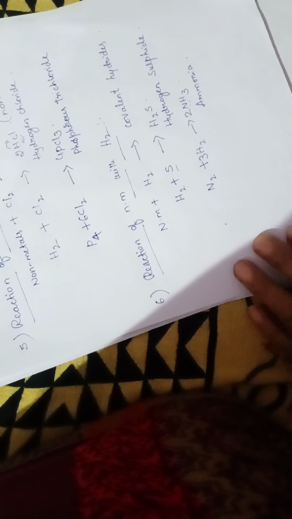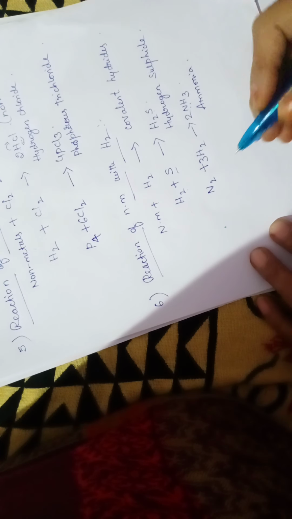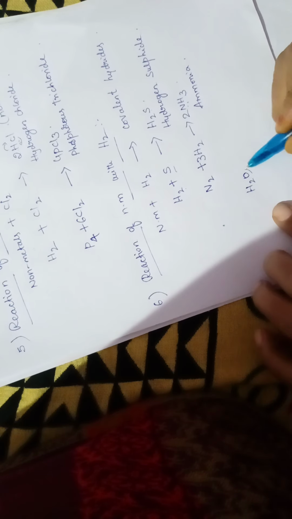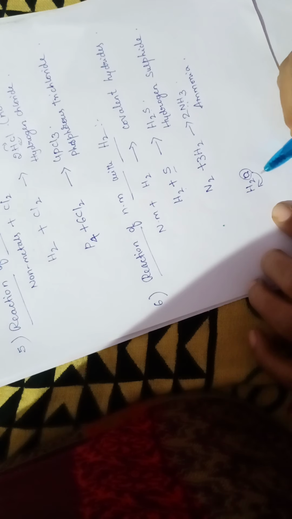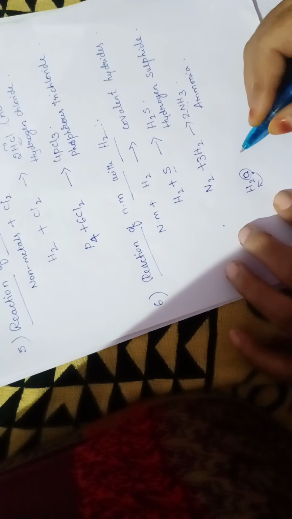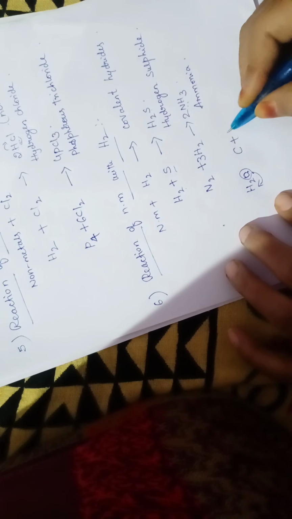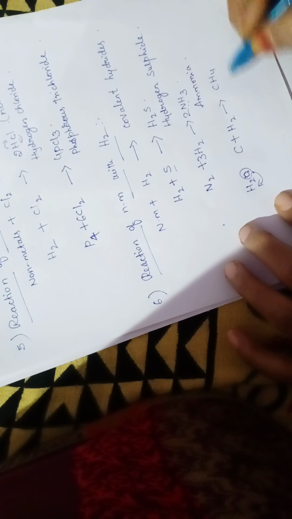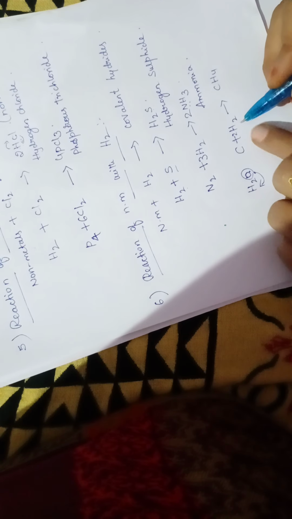Even water is a hydride, because oxygen is a non-metal and when it combines with hydrogen we get water. Even methane, when carbon reacts with hydrogen, we get methane, so it is a hydride of carbon.